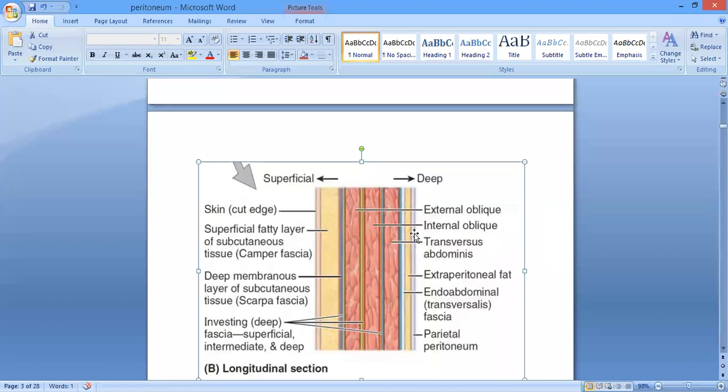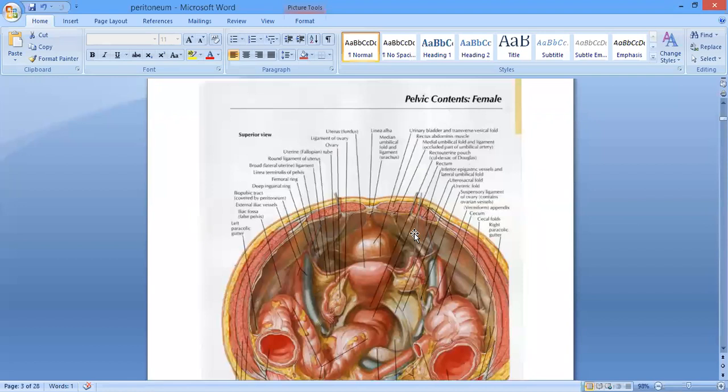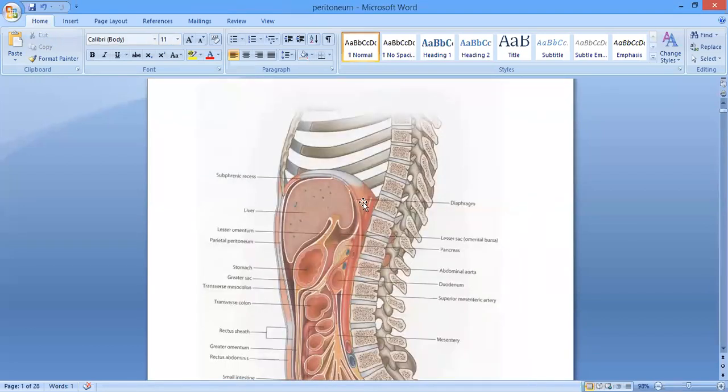Whereas the visceral peritoneum, it is the inner layer, right? The outer layer is the parietal peritoneum. In the visceral peritoneum, it is the inner layer, and it is going to line the surface of the organs of the viscera.